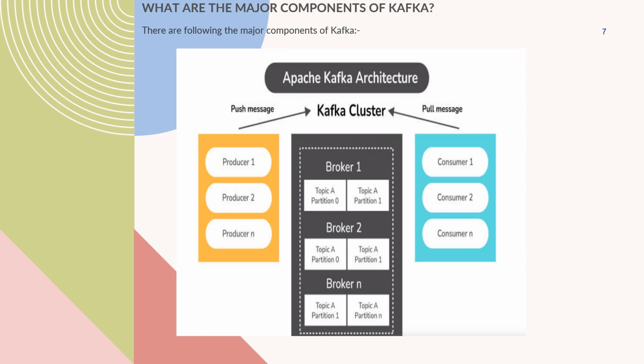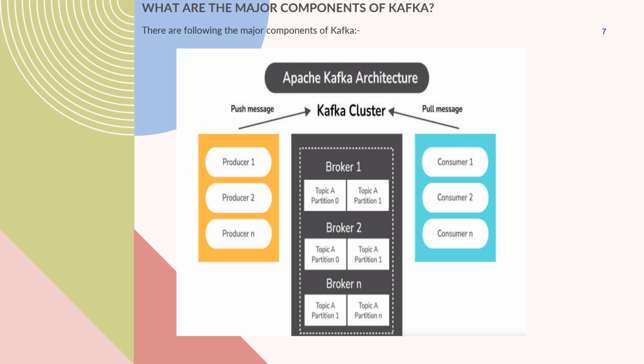So what is inside that Kafka cluster? First we need to understand what a cluster is. A cluster is a common term in distributed computing systems. It is just a group of computers working toward a common purpose. Kafka is also a distributed system, so it has a cluster with a group of servers called brokers.